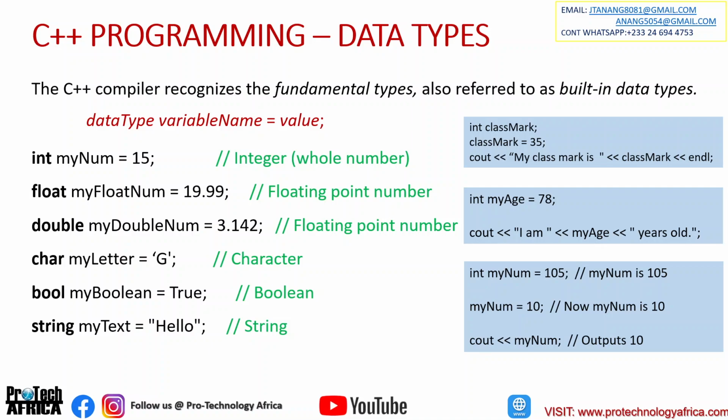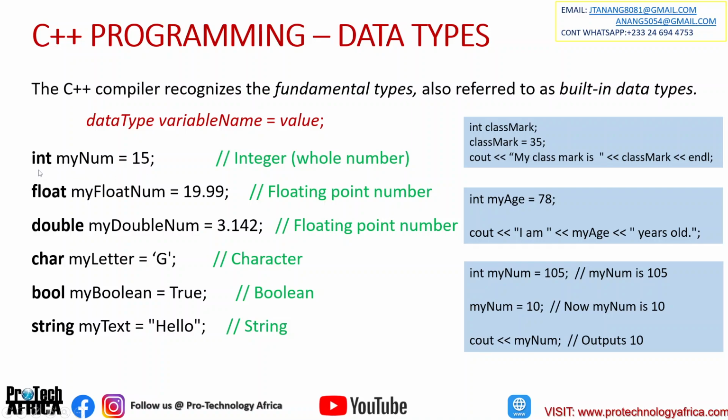There are some instances where you can only write the data type and then the variable name, and later in the process of your code, you can assign a value to the particular variable you have declared. So let's look at a few examples. The first one here is int myNum = 15.